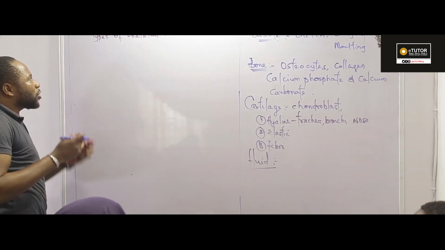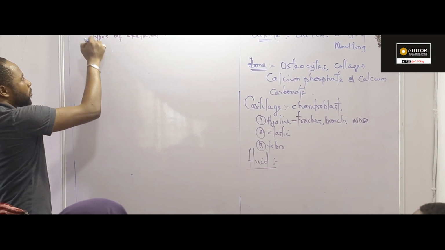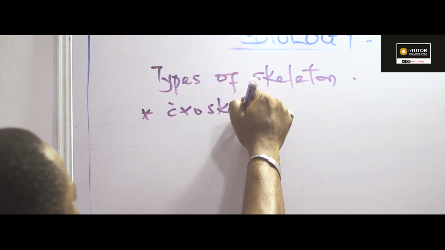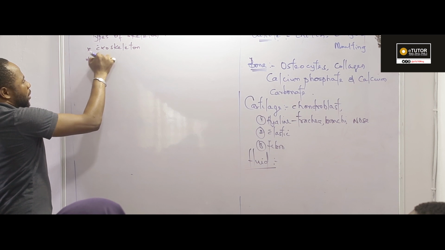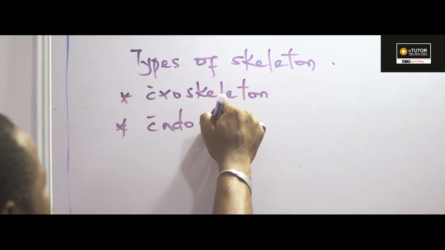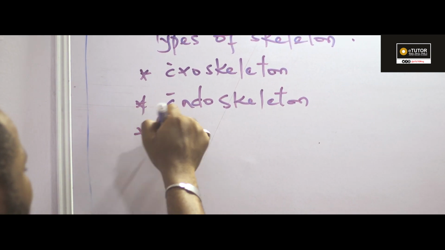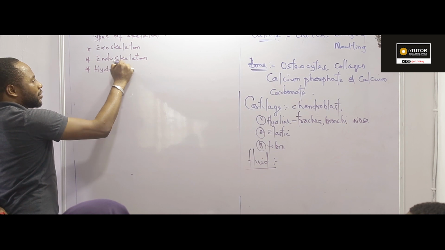There are 3 types of skeleton, and these are exoskeleton, endoskeleton, and hydrostatic skeleton.